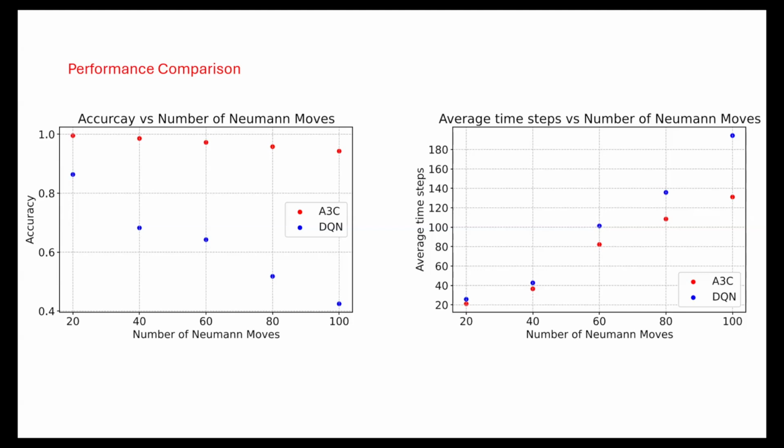For an initial state generated with 100 Newman moves, A3C needs around 130 moves, but DQN needs more than 200 moves. So it says that A3C is smarter than DQN. It knows how to apply Newman moves to which node of the plumbing graph.